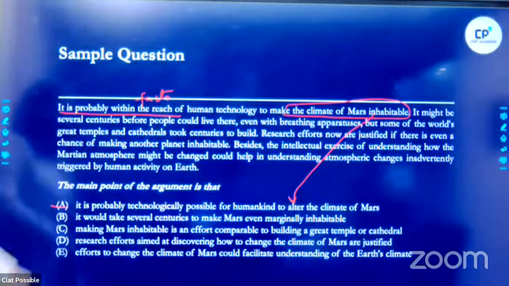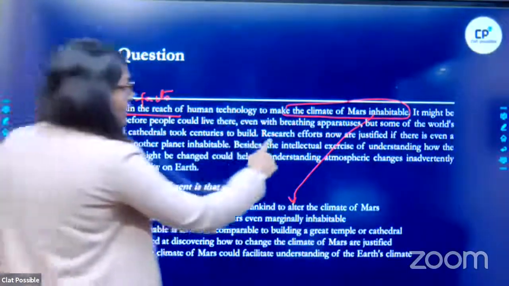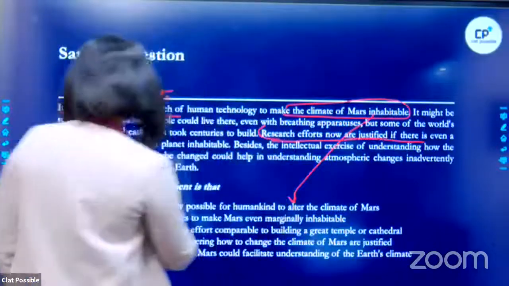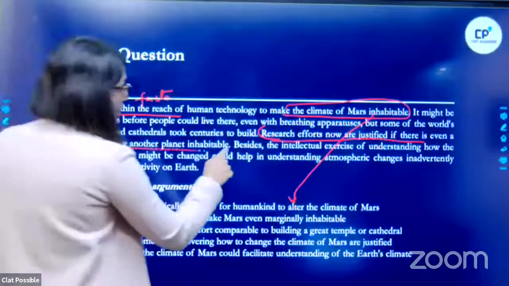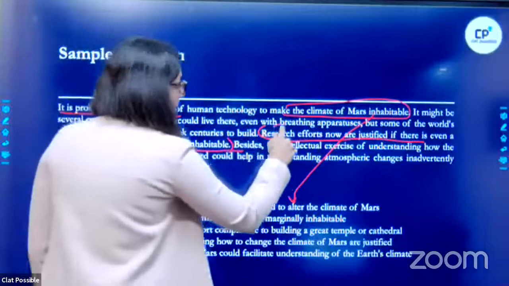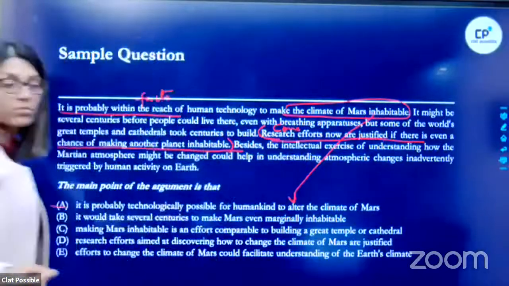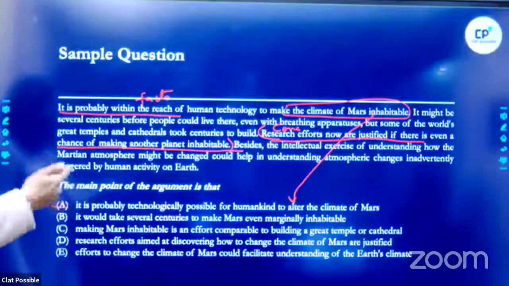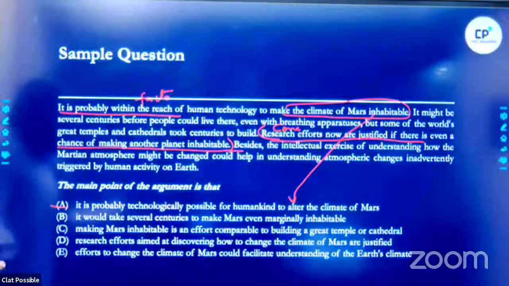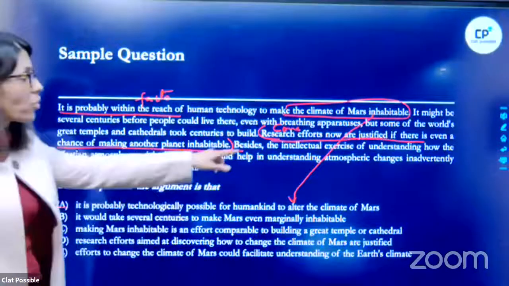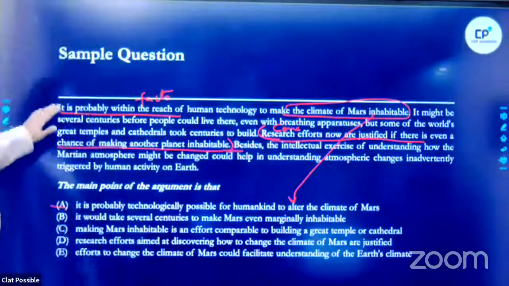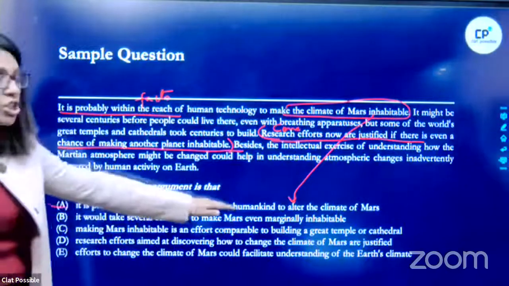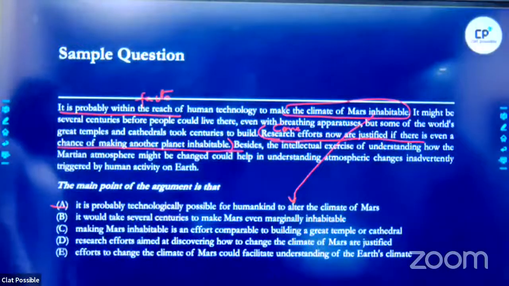This is a fact, right? Research efforts are now justified if there is even a chance of making another planet inhabitable. This is the conclusion. It is probably technologically possible for humans to alter the climate.